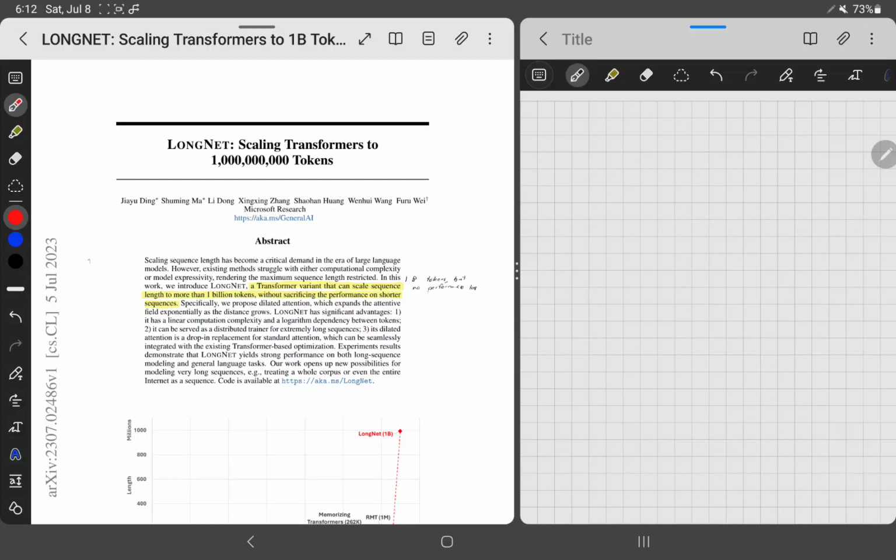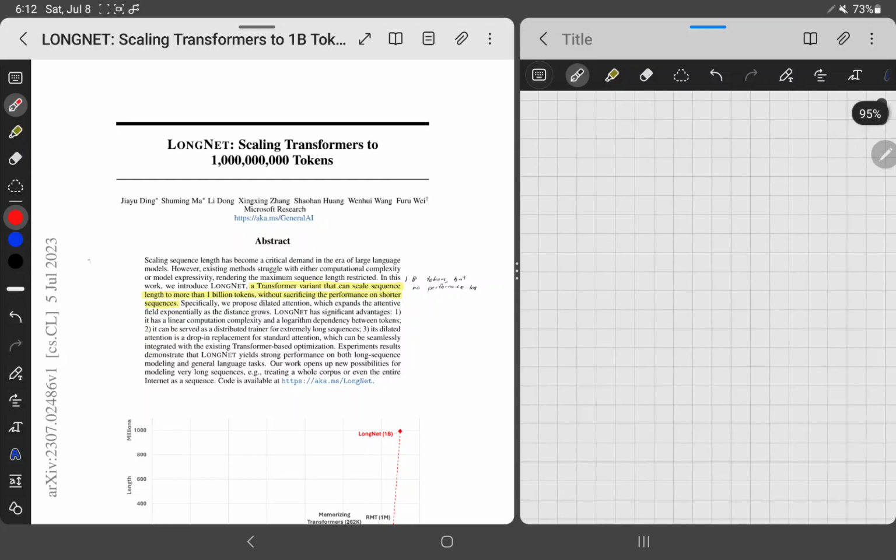So to start, what is the quadratic complexity problem? Now I'm going to assume you already know how a transformer works in general, but the quadratic complexity problem is, say I have sequence ABC.